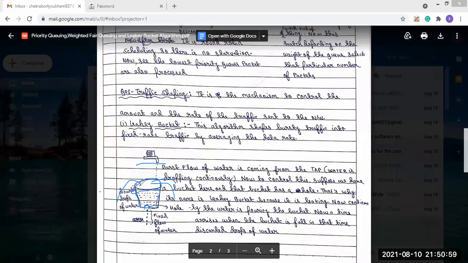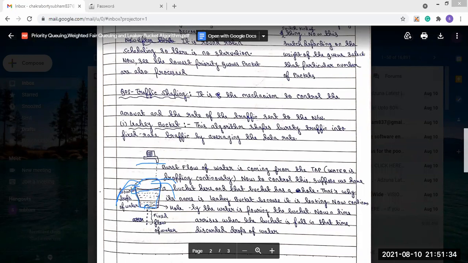The water that splashes out is known as the discarded drops of water, because the bucket is full and the water is splashing out.